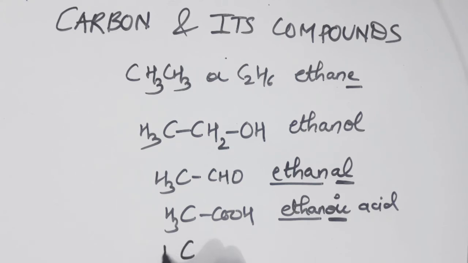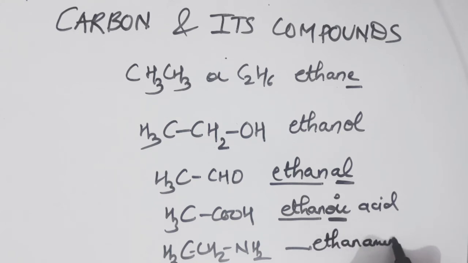Now if you take this compound and add NH2, then this compound is known as ethanamine. Ethane is the same and you just have to add an amine group. So these were the basic functional groups. We have so many other functional groups, such as esters and ketones, that we'll study later.